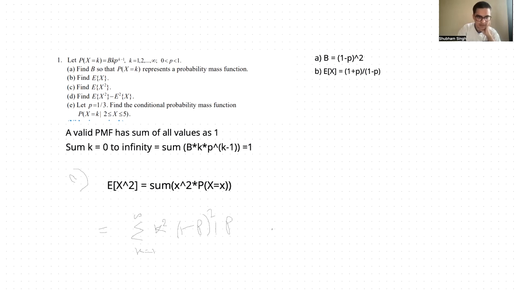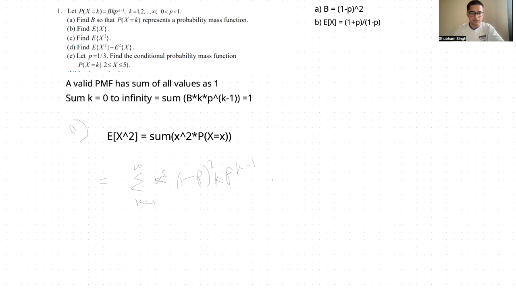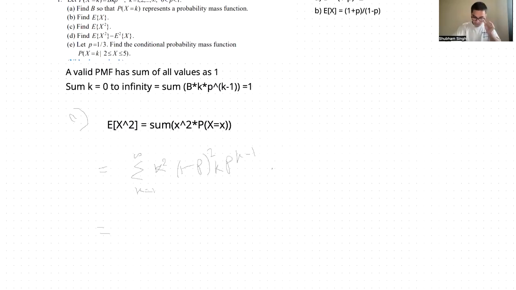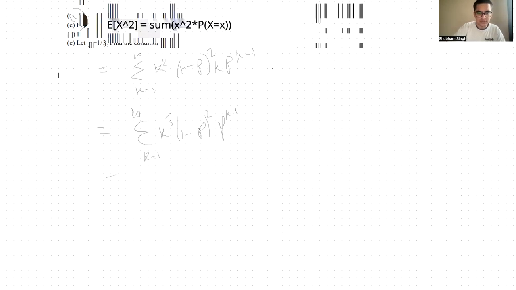I think we have another k here, and the final one is this, so it will become k cube times (1 minus p) square times p raised to k minus 1.